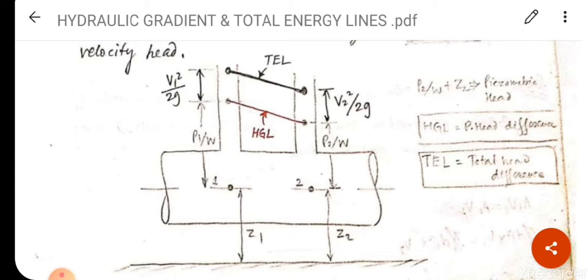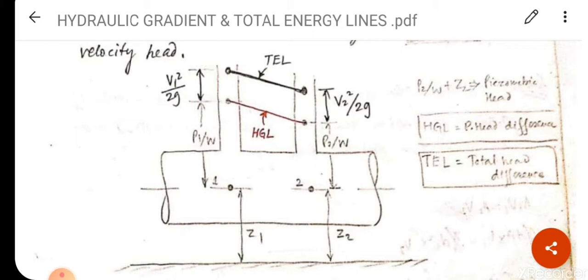It will be more clear when we take an example and solve it, and I will show what changes occur during the flow from one pipe to another, when the pipe diameter is reducing or enlarging.